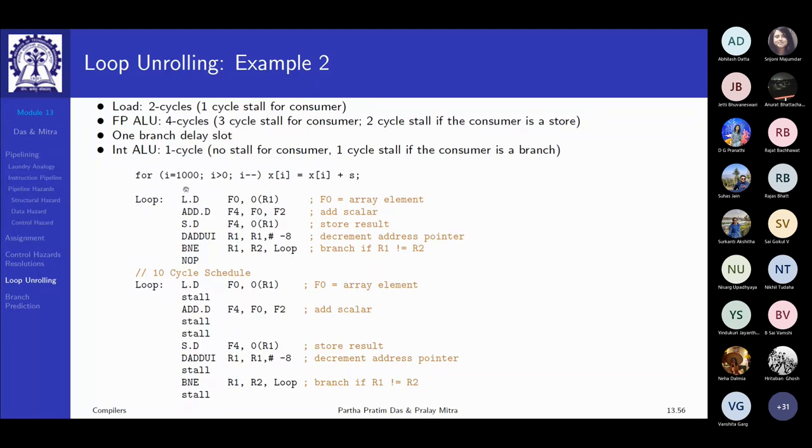You can see that it starts at 1000 and goes down to 1, so the inherent assumption here is R1 has that last element pointer already computed in it. Those details are not being shown. So you are directly accessing that element, adding 0 to it, and you take that into the register F0.